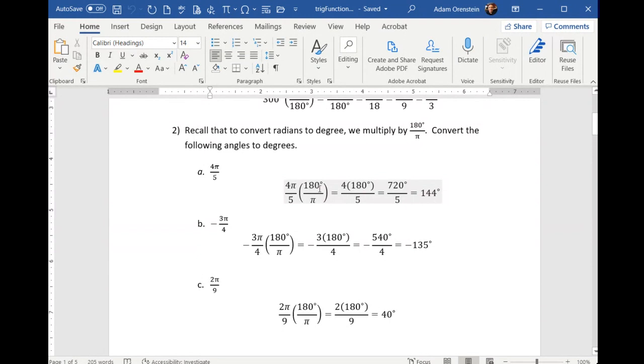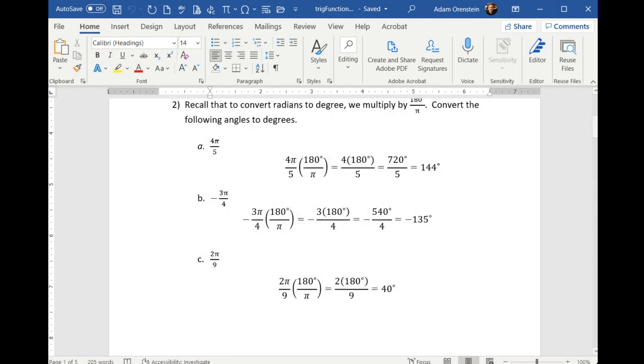Notice the pi's are going to cancel. You have pi on top and pi on the bottom. You're left with 4 times 180 degrees over 5. That's actually 720 degrees over 5, and if you do the calculation, you get 144 degrees.